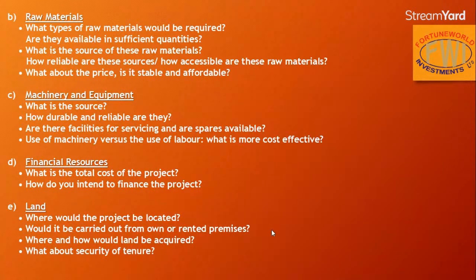The second question you have to answer is, how do you intend to finance the project? Where are you going to get the funds or the money to finance the project? Are you going to make contributions as members of that 20-member cooperative to finance the project?